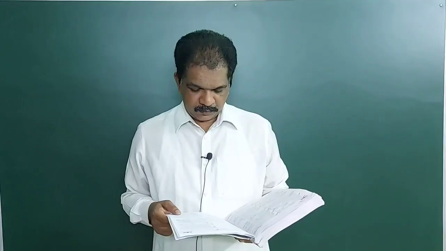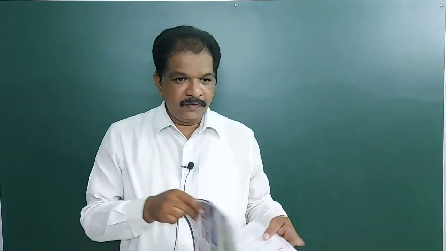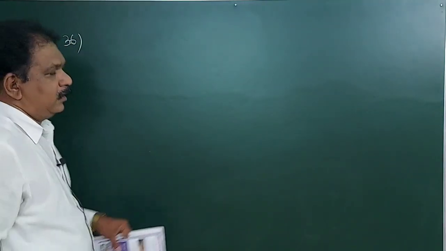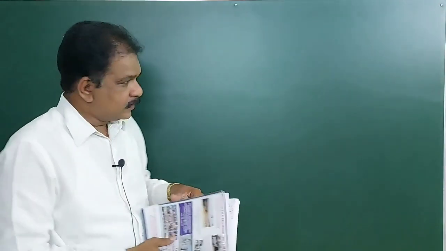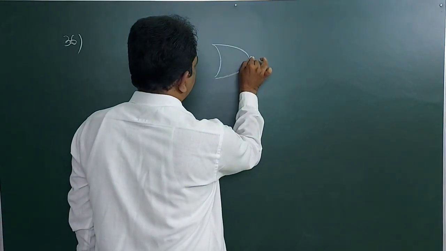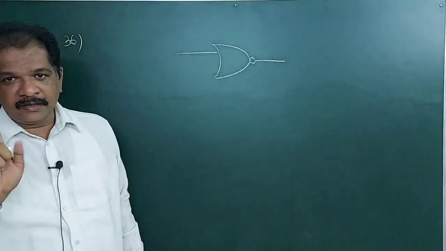36. See 36, all of you. How will it be? Here one NOR gate is there. One input is defined as 1.